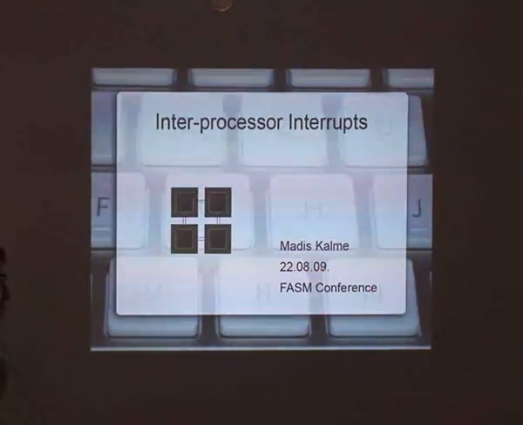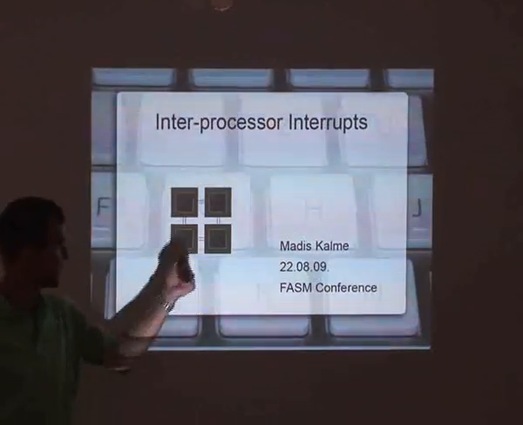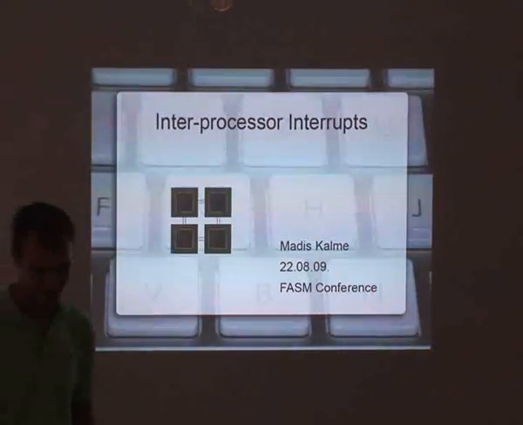So, I'm going to tell you today about interprocessor interrupts. Just a funny graphics image. What it is about: this instruction writes some magic to the ICR register. The double X is the vector you're wanting to start from.